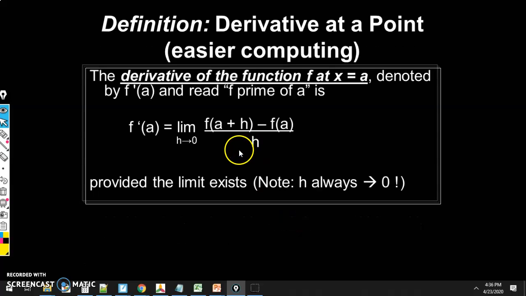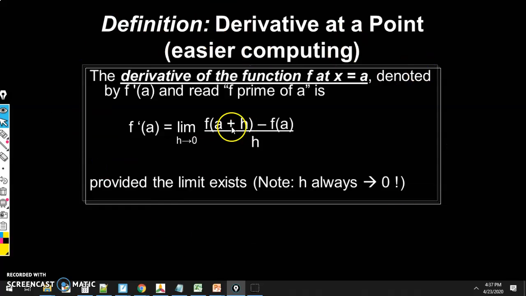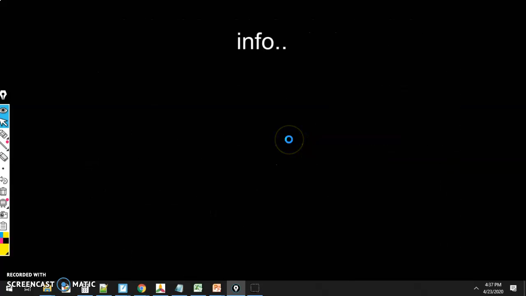Some more info. This actually makes it easier to compute. So when you're using the derivative, you generally want to use this formula rather than the previous one. It's a lot easier to use. h is approaching 0, meaning the time is getting close to 0. And this is just a reworked version of that same formula.